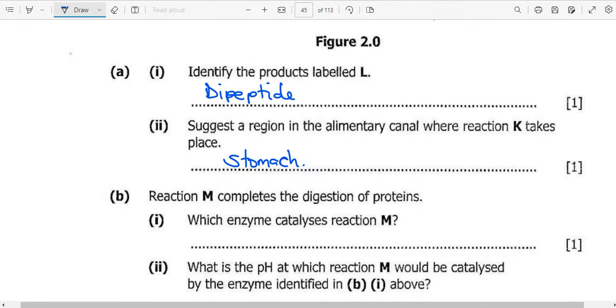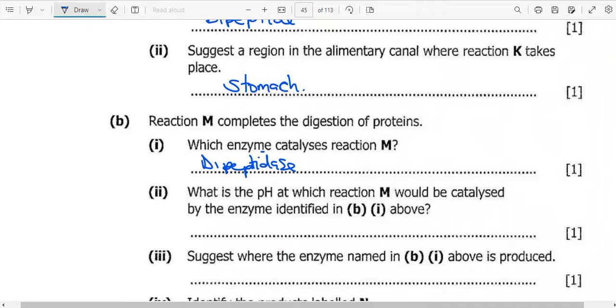When we look at this one, which is dipeptide, if we just add ase to this, it means that that is an enzyme. So what we're going to have is dipeptidase. Okay, so that is the enzyme which will be produced.